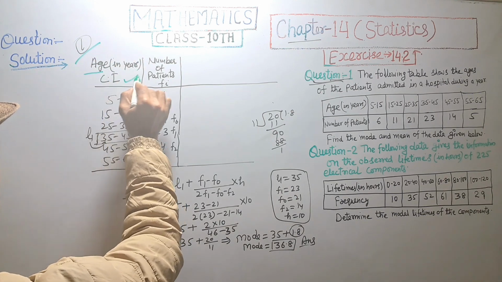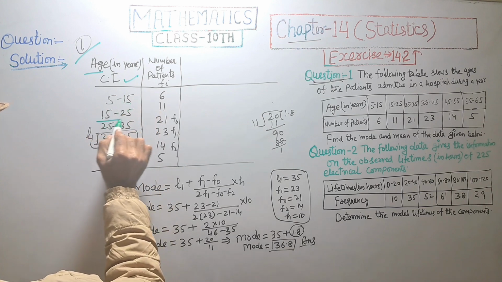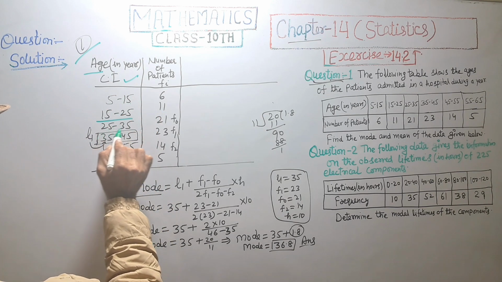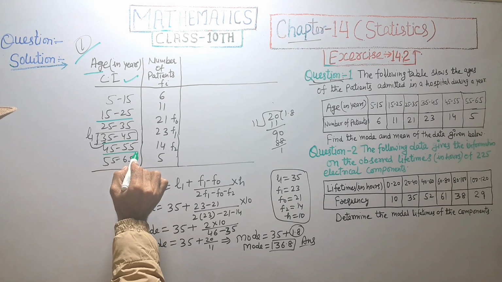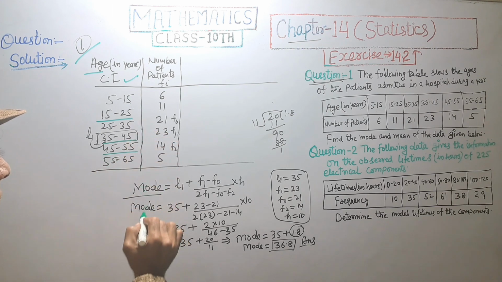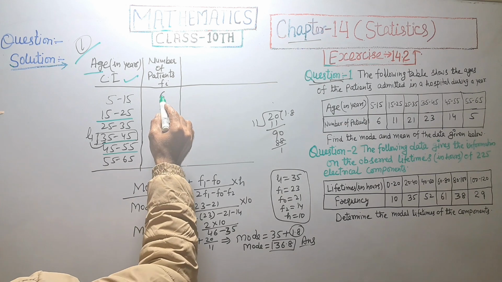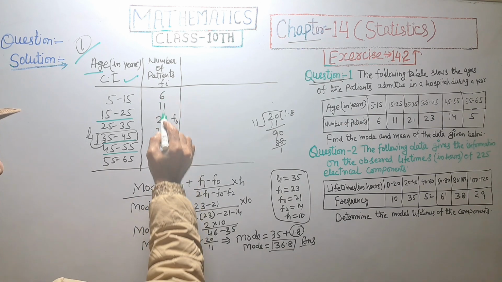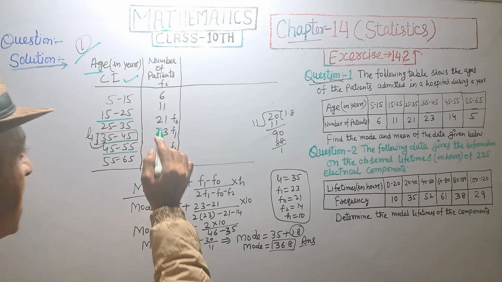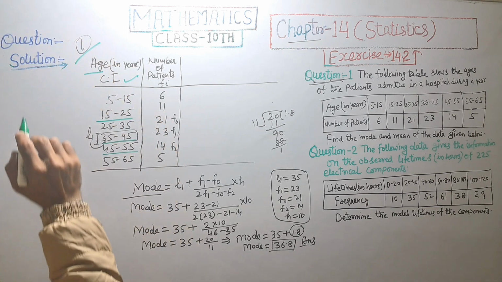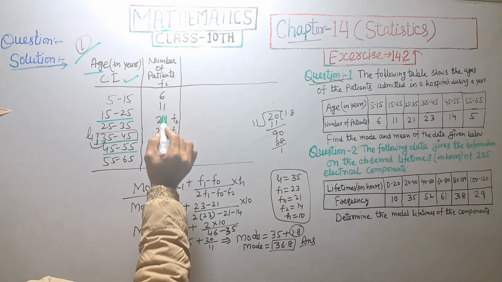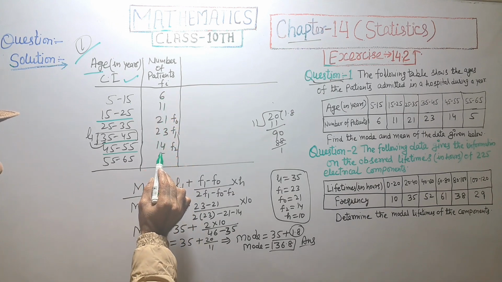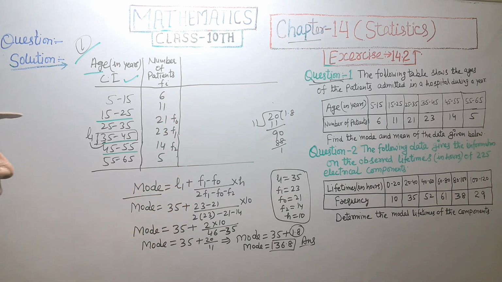Age in years, class interval is 5 to 15, 15 to 25, 25 to 35, 35 to 45, 45 to 55, 55 to 65. And the number of patients is frequency: 6, 11, 21, 23, 14 and 5.